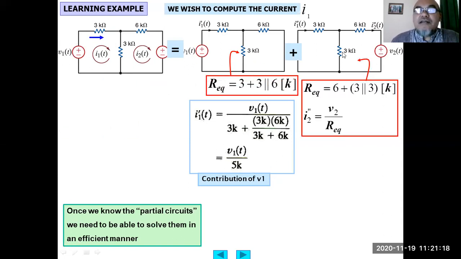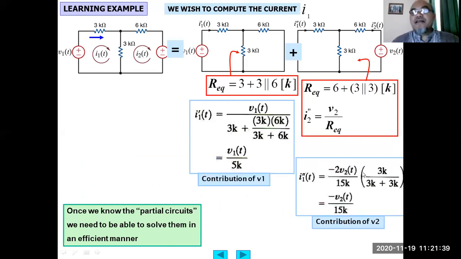Then we calculate this by short circuiting the first independent voltage source. We have only the second independent voltage source. This can also be made into an equivalent resistance, which is 6K plus 3K in parallel with 3K, or 6 plus 1.5, which is 7.5K.